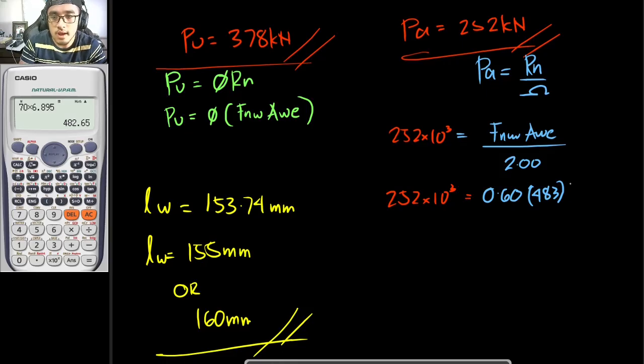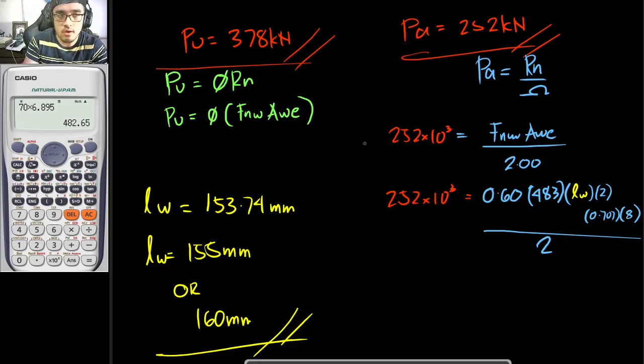So there, times the area of the weld, and the area of the weld is also equal to Lw times 2 times our throat, which I would just be putting here, 0.707 times a, and the a once again that I have chosen is 8 mm. So there, we would be dividing all of this by 2.